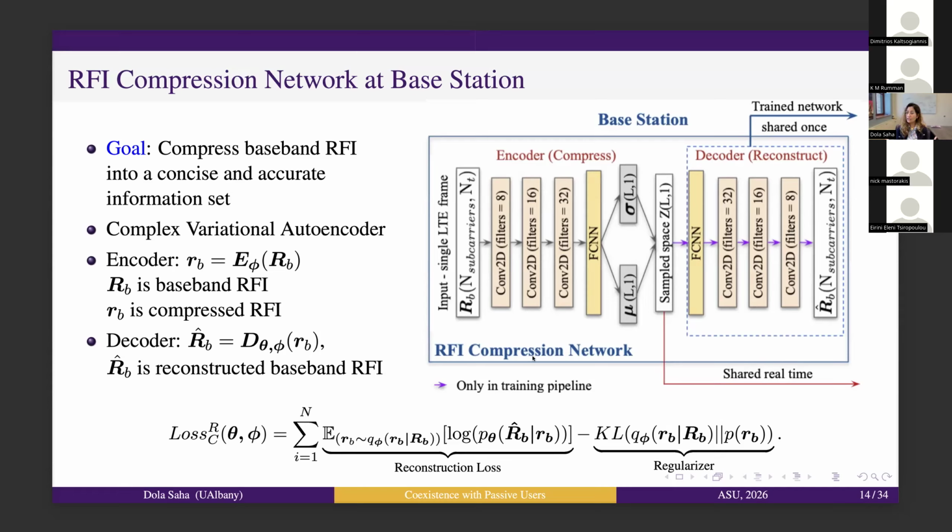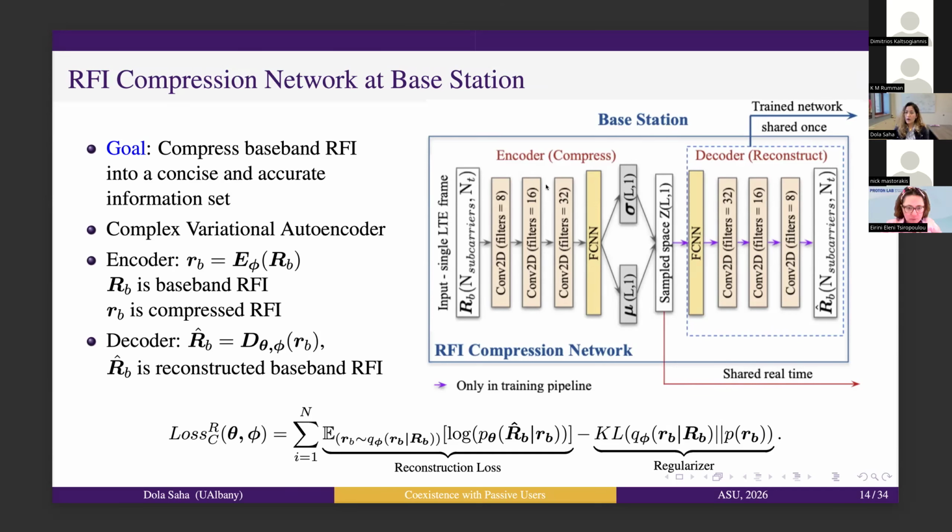We train a model together, which is a variational autoencoder, which takes in the signal and then creates a much smaller sample subspace. And this subspace, we will share in real time with the base station. And it reconstructs back to the actual baseband signal.